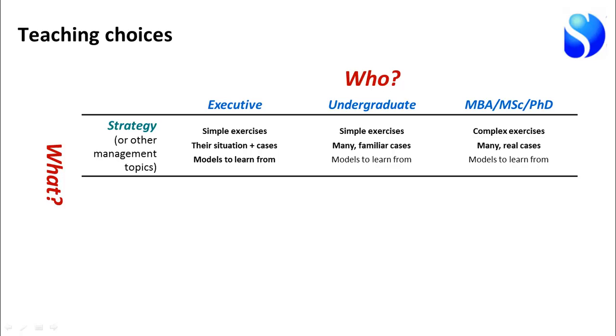Again, we're using models to learn from at this level, and little more than that. When you get up to MBAs and MSCs and PhDs, of course, they've been around a bit. Some of them have worked between their undergraduate degree and their postgraduate degree, so they know a bit more about the real world. So now you can get a bit more sophisticated and start using some more complex examples.